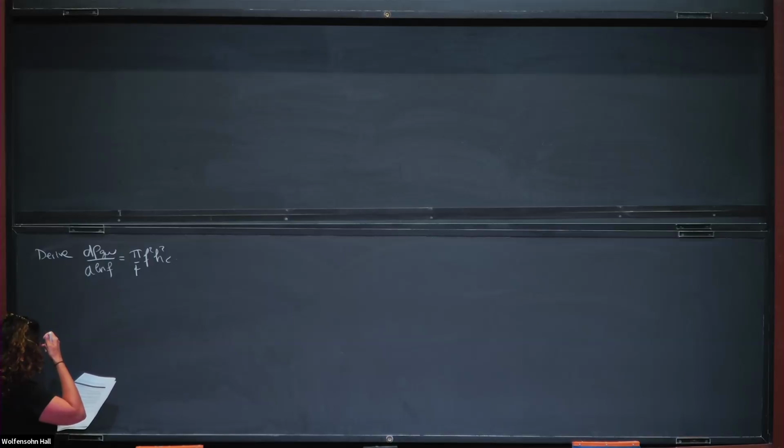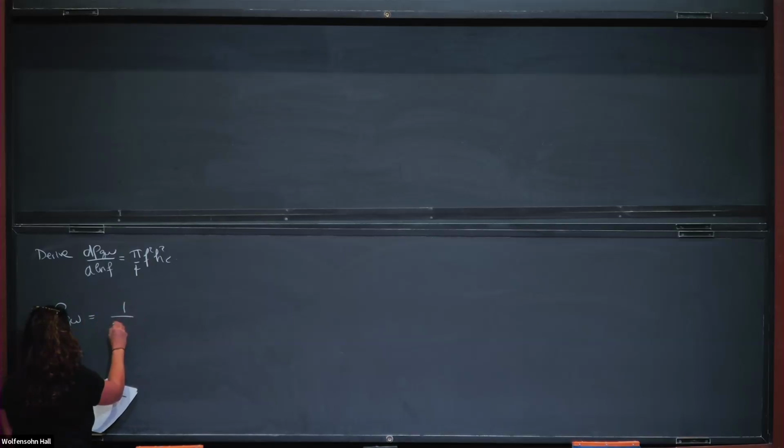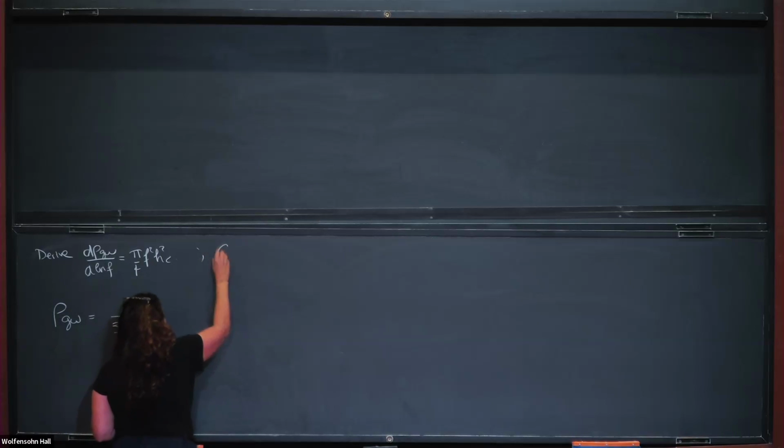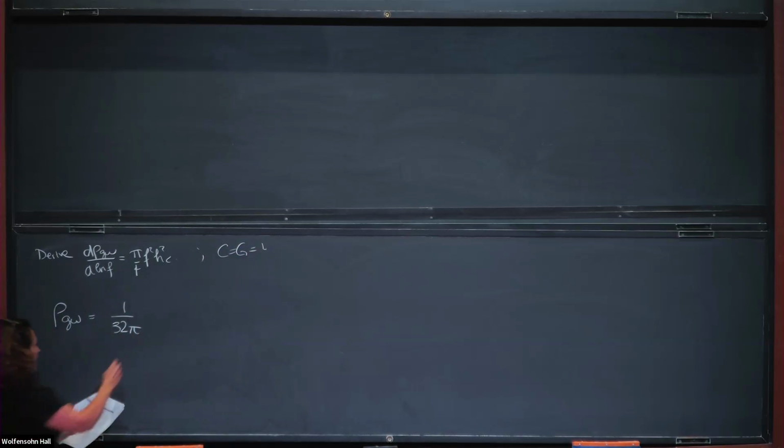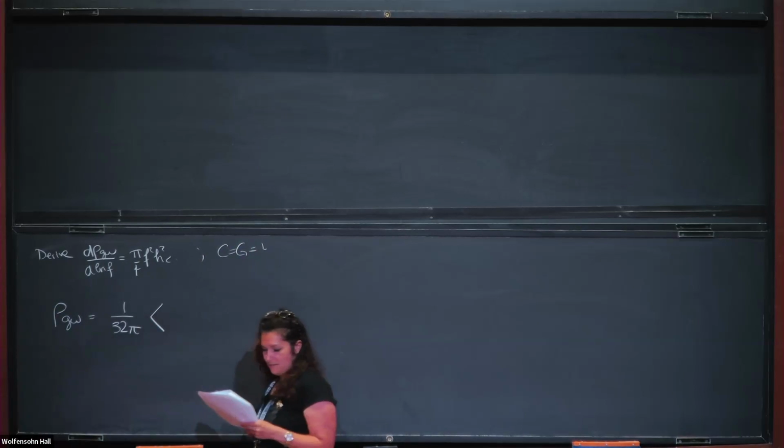Okay, so we'll start with the definition of rho GW from linearized gravity. This is pretty much as far back as we can go. 1 over 32 pi. I'm always going to use c equals G equals 1 because I'm not a masochist, and I struggle with minus signs and any factors that I don't need.